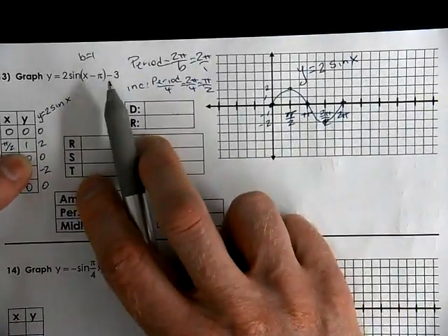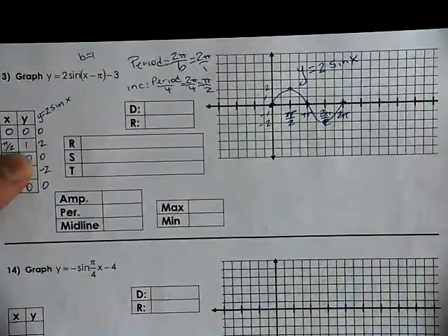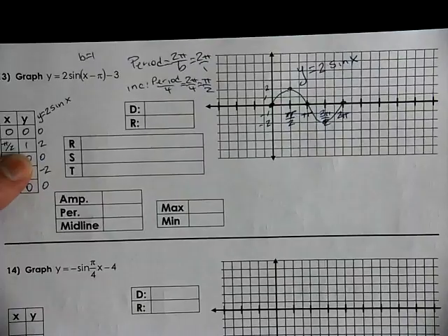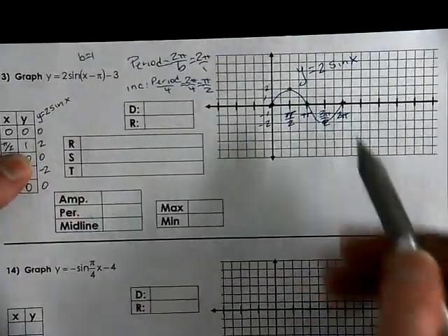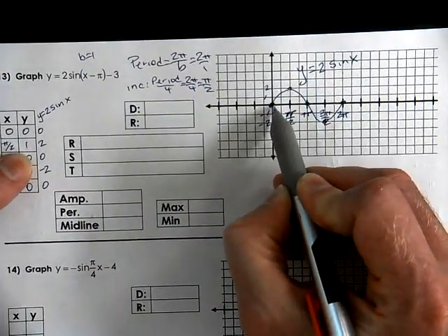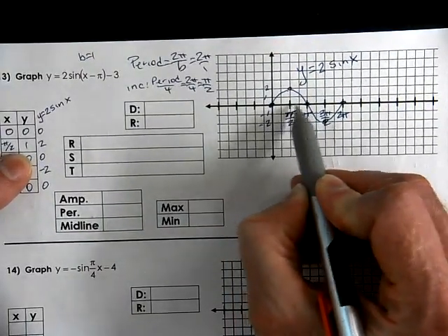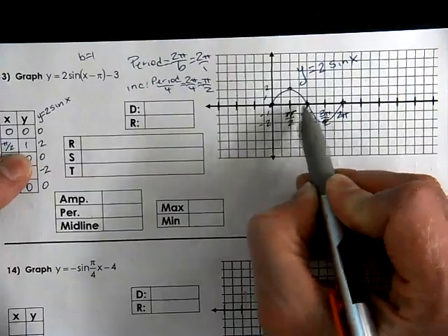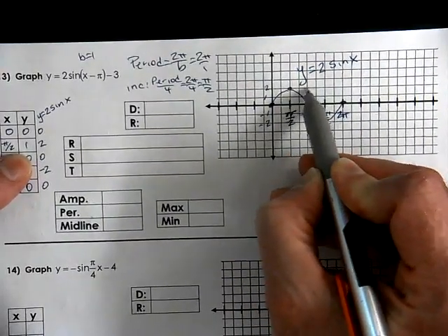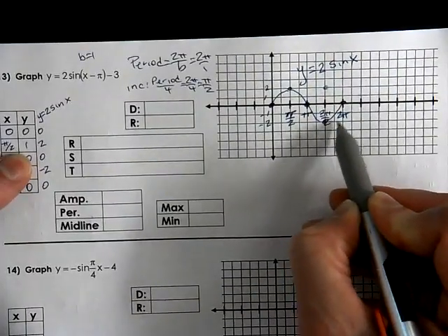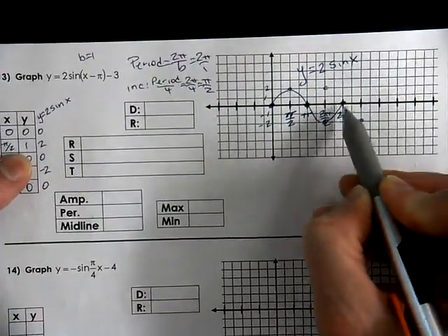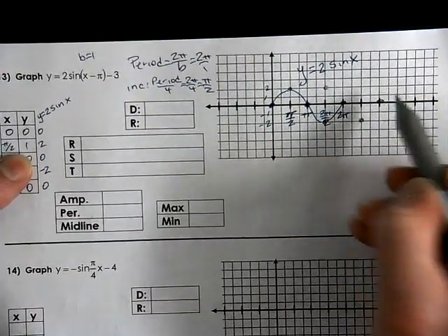Now we're going to put in the pi and the 3. We do that by translating it to the right pi. That means every dot is going to move over 2 big steps.